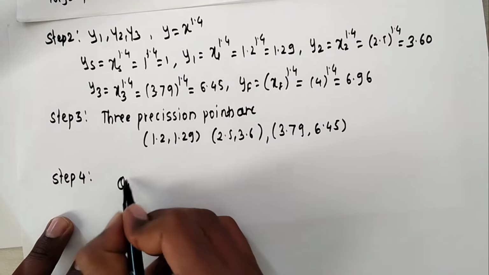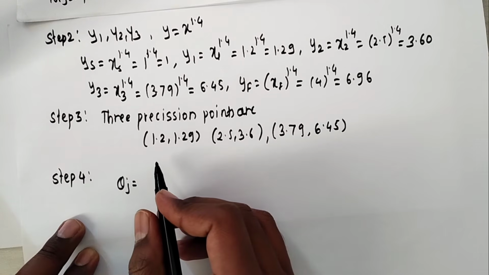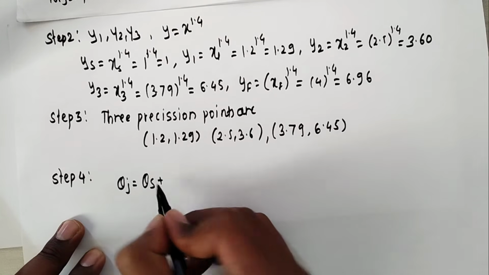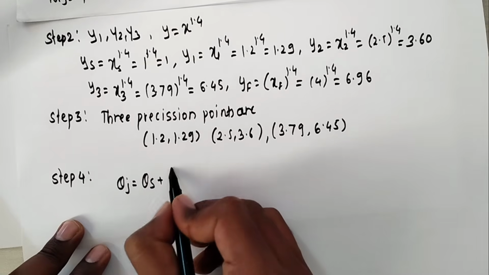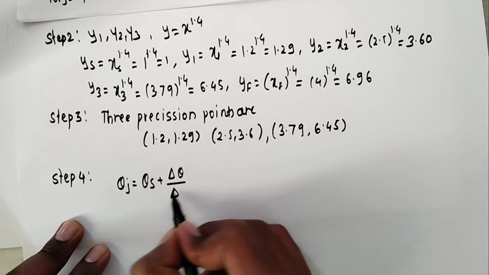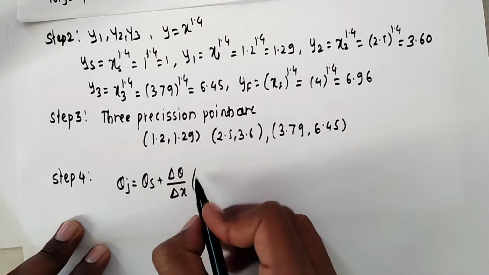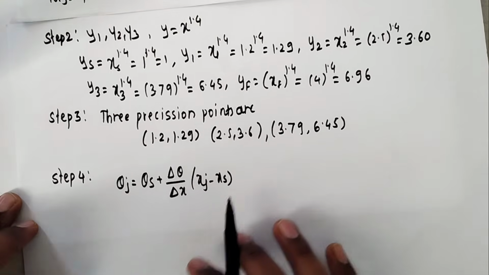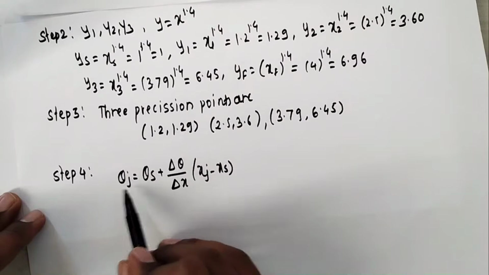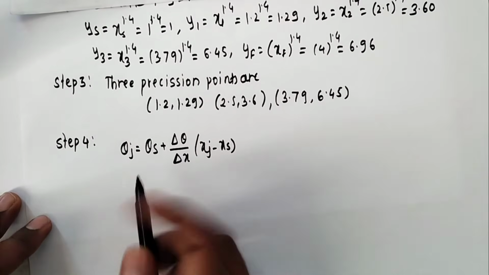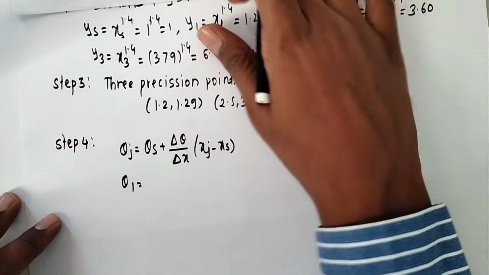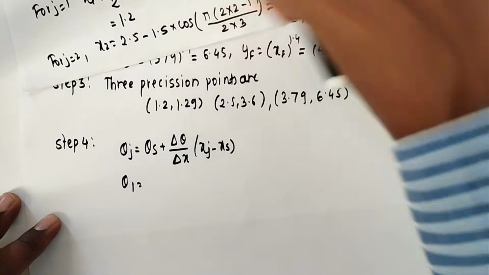We know the equation: theta j is equal to theta s plus delta theta by delta x into x of j minus xs. Now we can put values for j is equal to 1, 2, 3. Let's say I am finding it for 1.